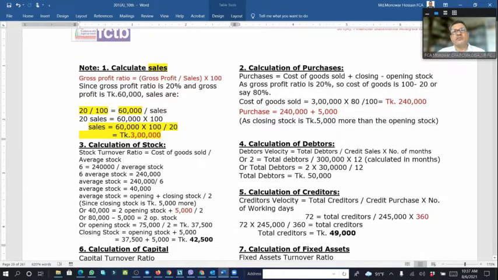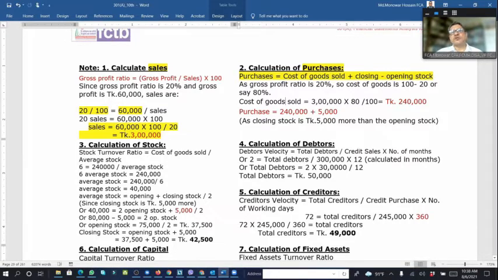And now calculate the purchase. How much inventory or goods did we purchase? Purchase comes as cost of goods sold plus closing inventory minus opening inventory. This way we will be able to find the purchase.